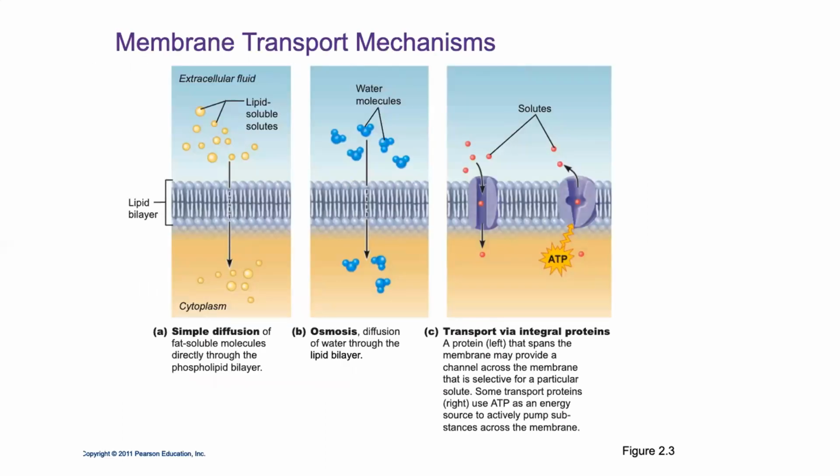So, membrane transport. How do we transport all the internal and external ingredients of the cell across this cell membrane? There are mainly three types. Number one is simple diffusion.